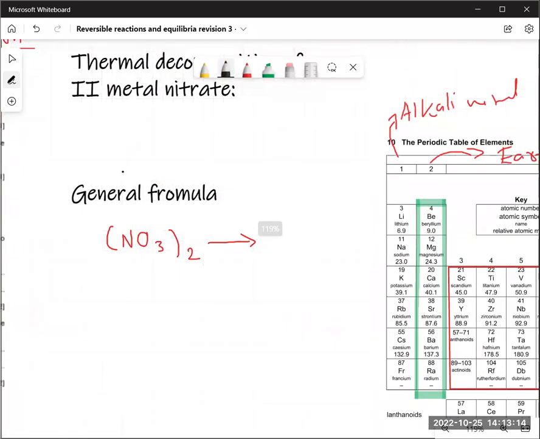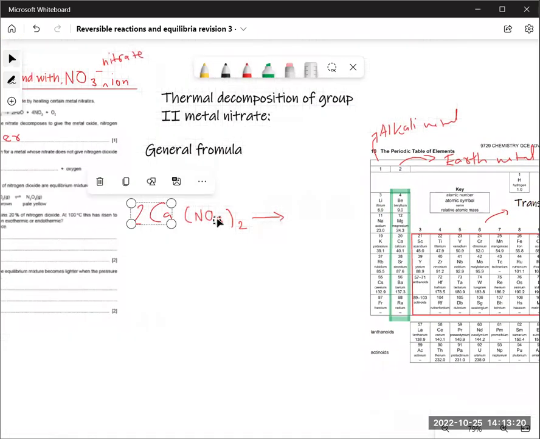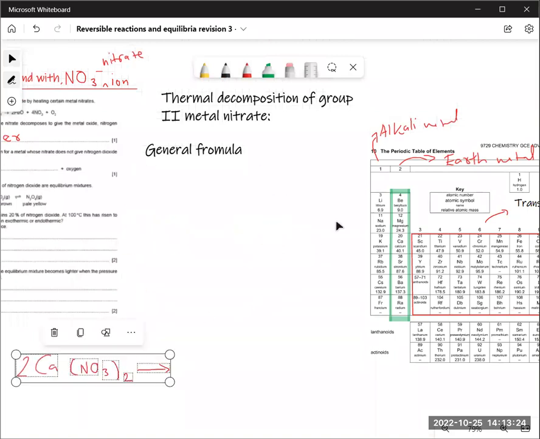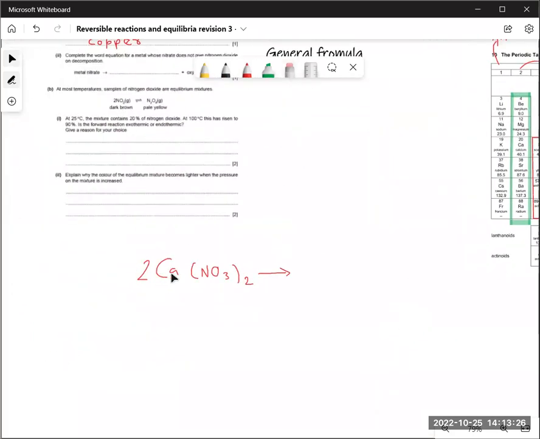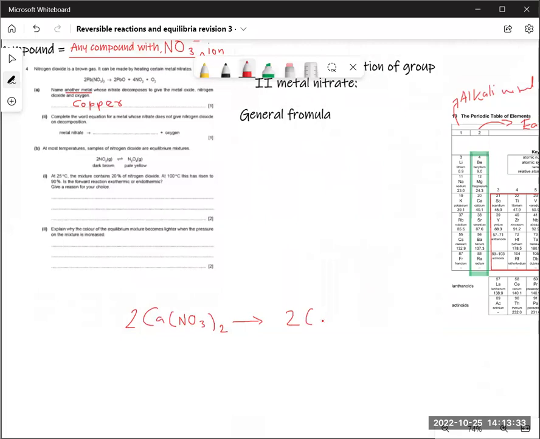So I'll start with, let's say, calcium. This will give me 2CaO plus 4NO2 plus O2.